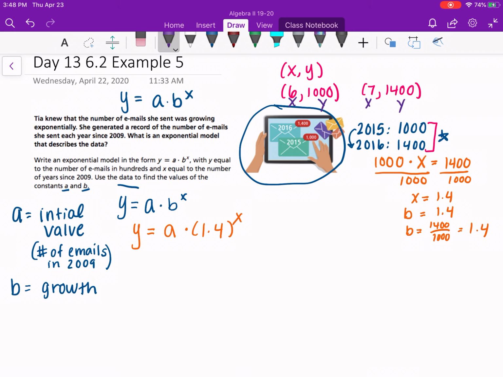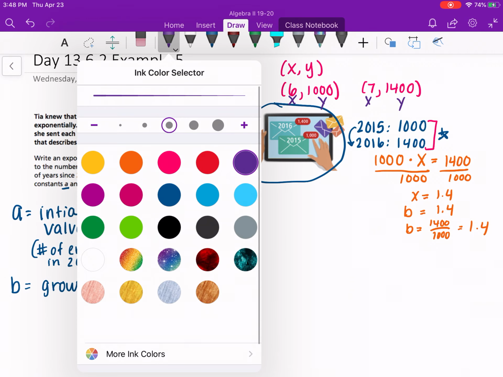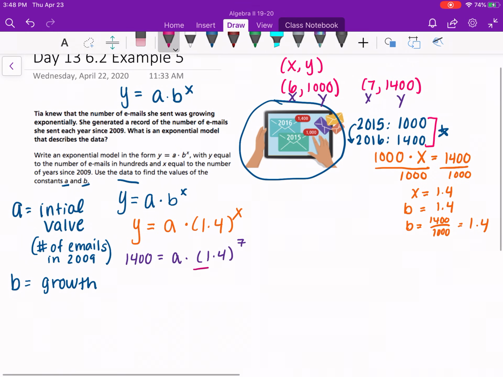I'm just going to use the second one because I like 7 better. So I'm going to plug in 1,400 for y: a times 1.4 to the 7th. Now if I want to get a by itself, I'm going to divide both sides by 1.4 to the 7th to make it go away.